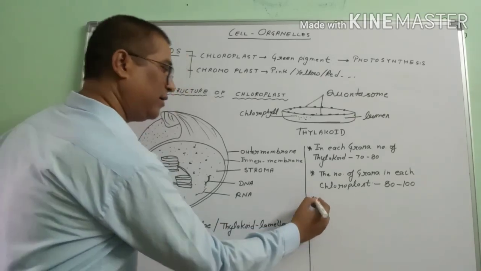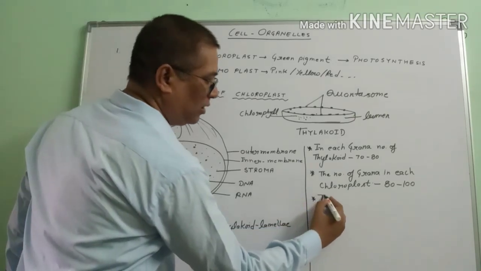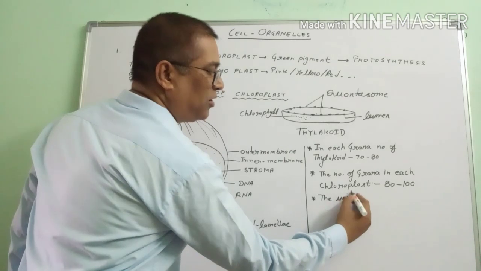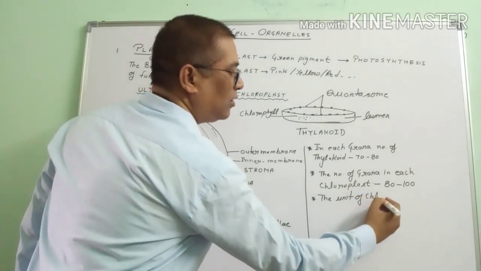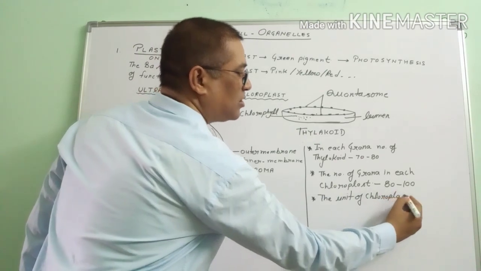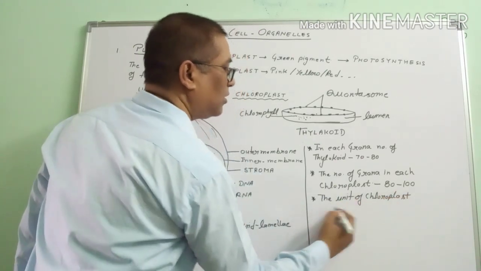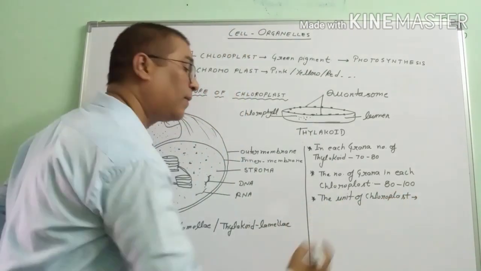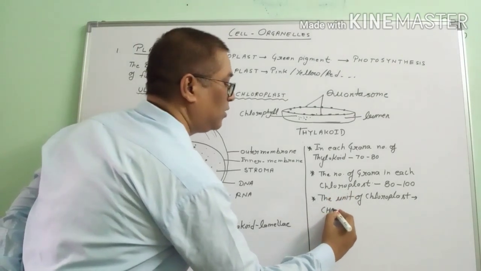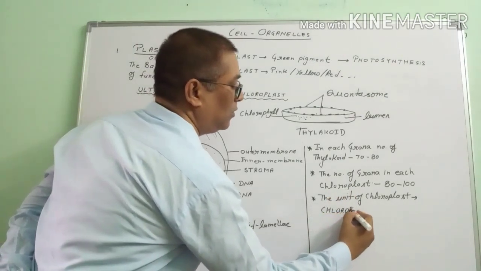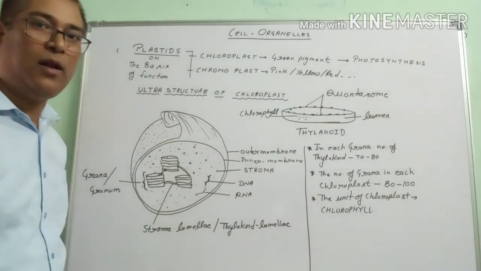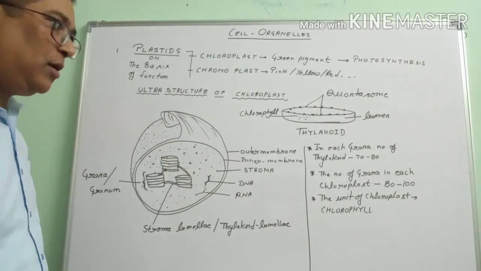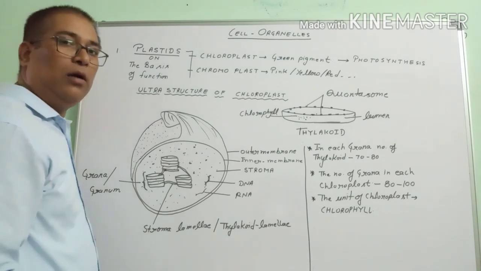Now another unit of chloroplast, that is chlorophyll. Now there is another important point.